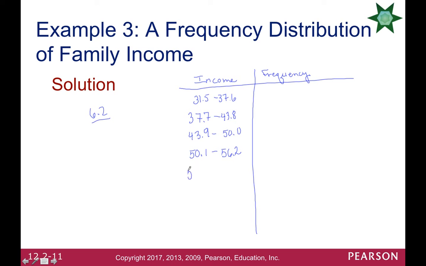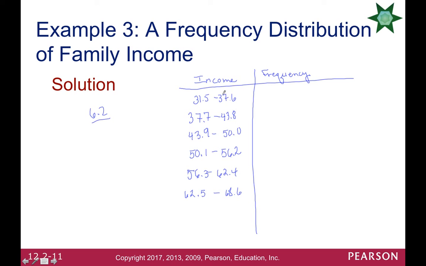And then adding the next one up, I get 56.3, and then I get 62.4, and then I go up to 62.5, and then adding that, we get 68.6.